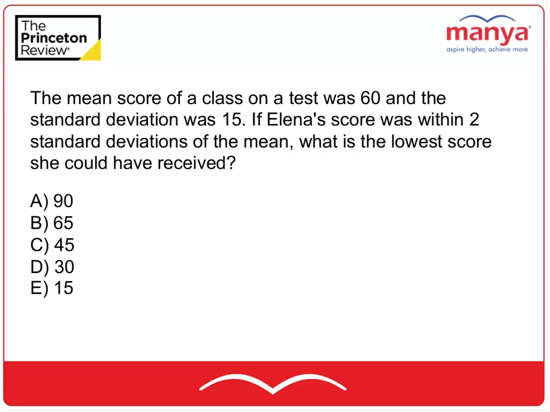So, lowest score, that is what is needed. When we know the mean and the standard deviation, and we know it is within 2 standard deviations, what all can be the values? Yes, Shyam, how did you get C?